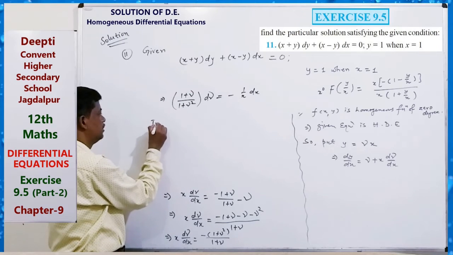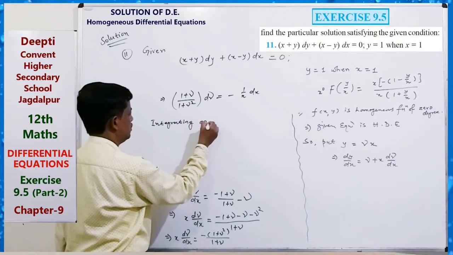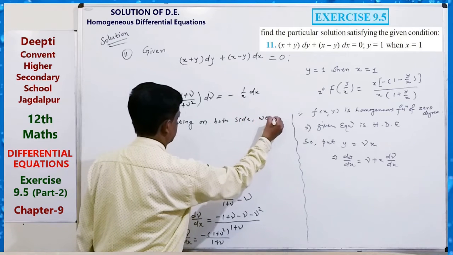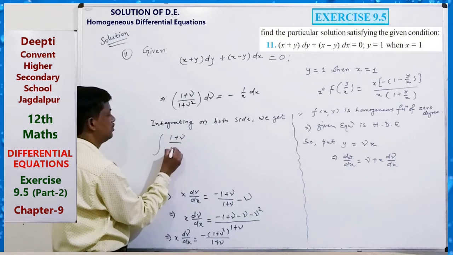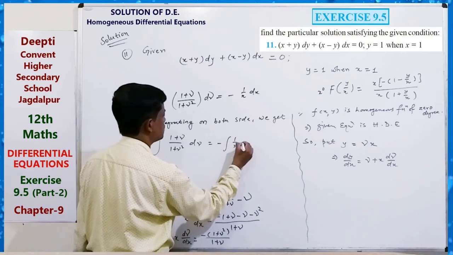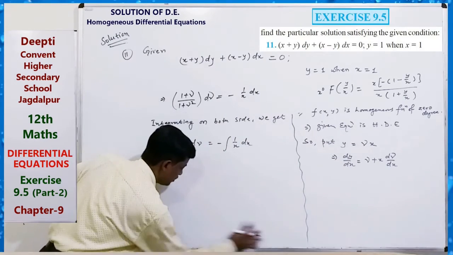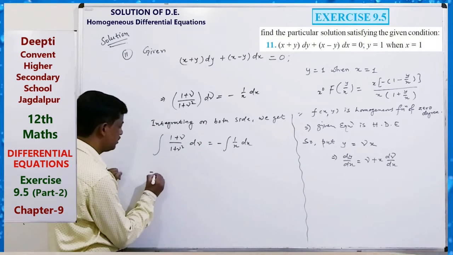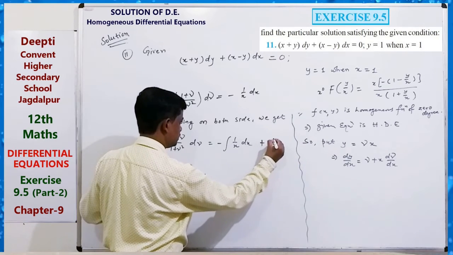So integrating on both sides, we get integration of (1 plus v) upon (1 plus v square) dv equals minus integration of 1 by x dx plus a constant, suppose k.